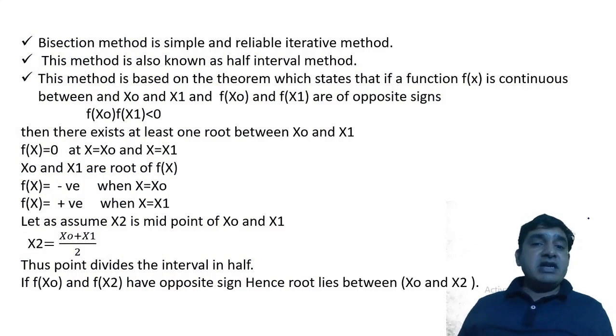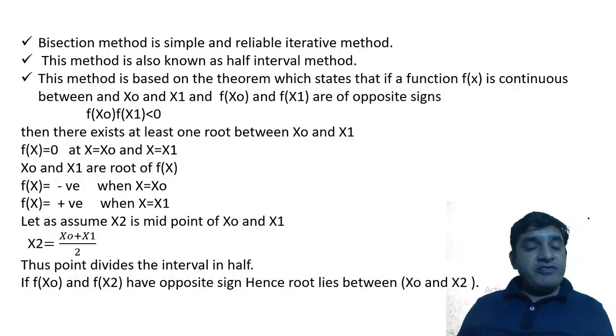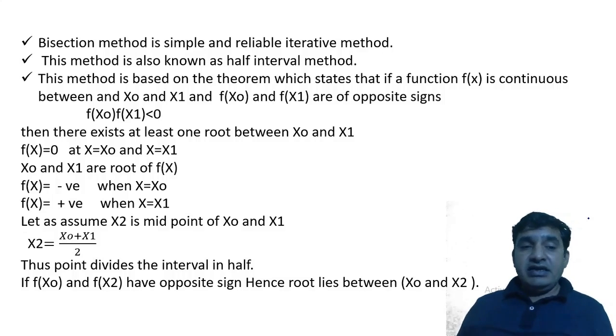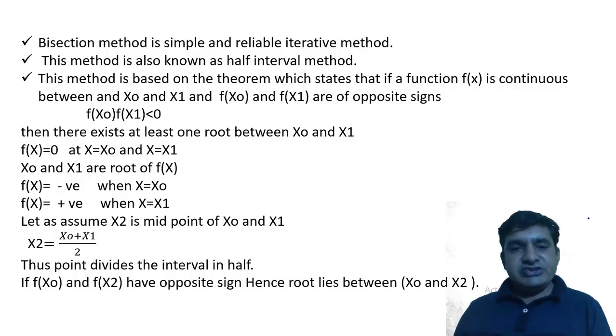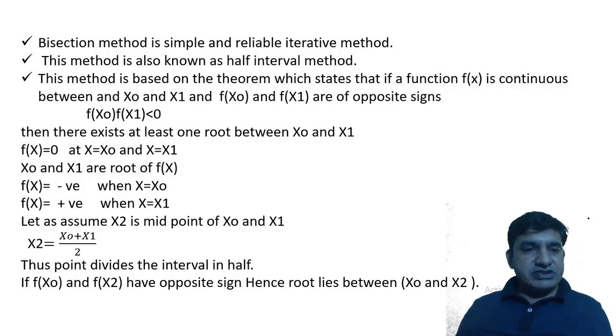The bisection method is a simple and reliable iterative method. This method is also known as the half interval method. In this method, we find f of x0 and f of x1. If f of x0 and f of x1 have opposite signs, and f of x0 times f of x1 is less than 0, then we can say that the root lies in between x0 and x1.